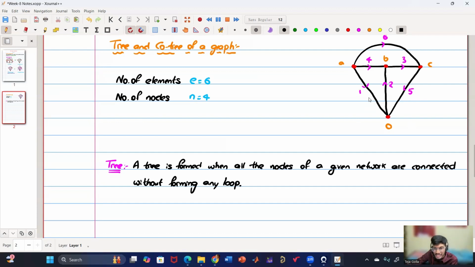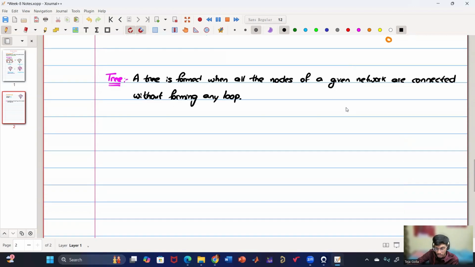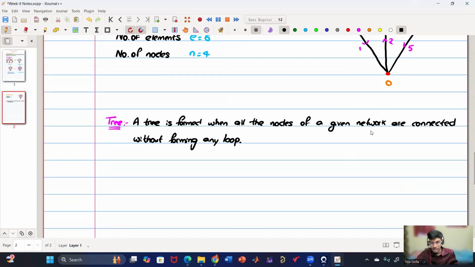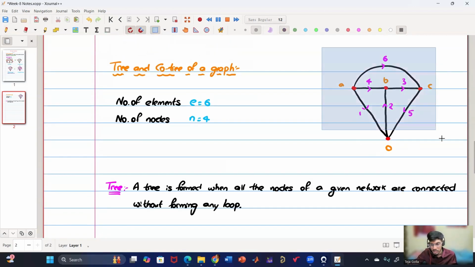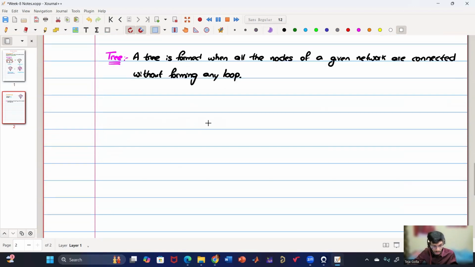In this case, say I will use elements 1, 2, and 3. Let me draw this again at the bottom so that you can correlate rather than scrolling up and down.